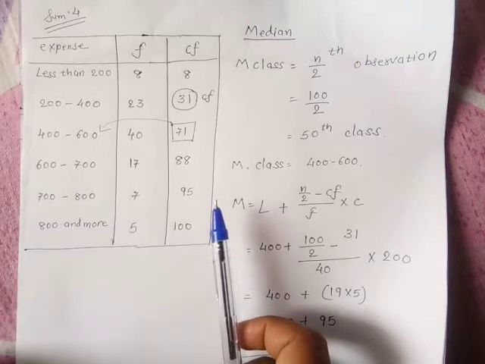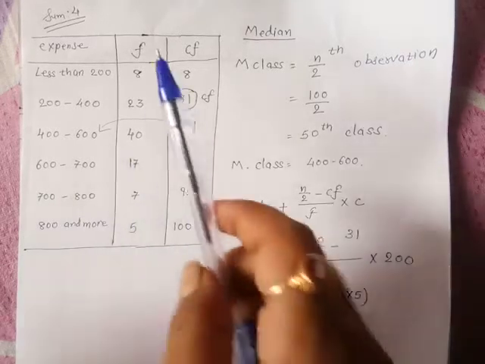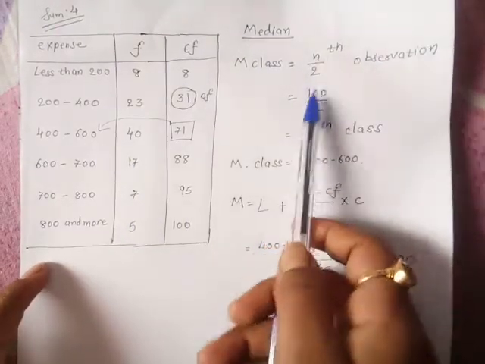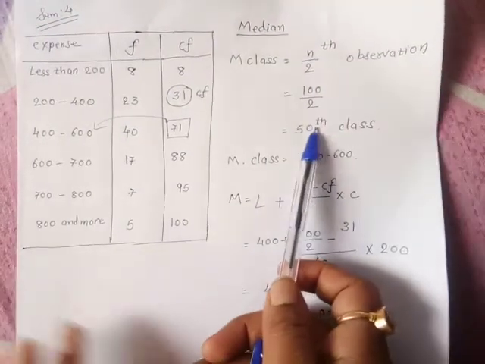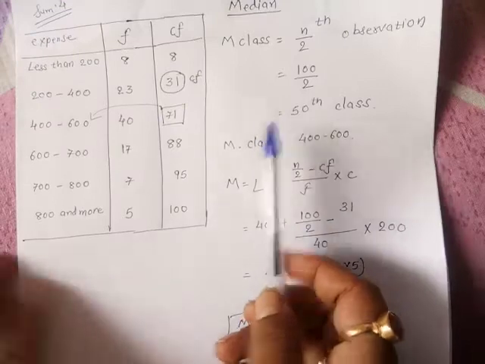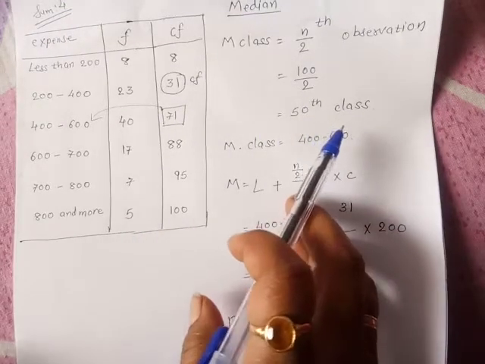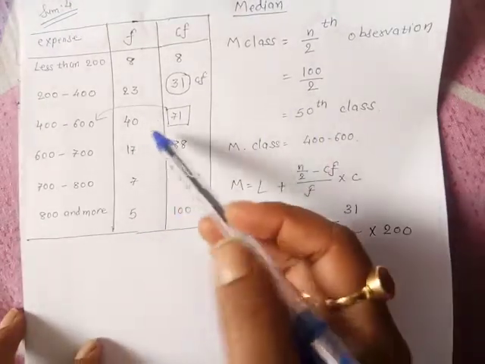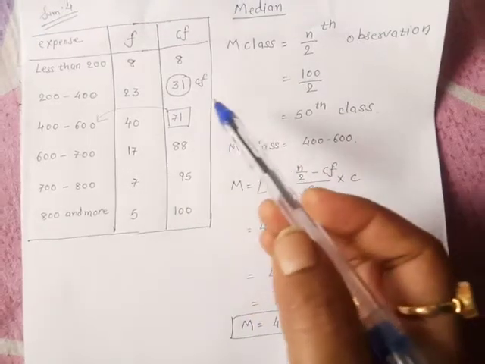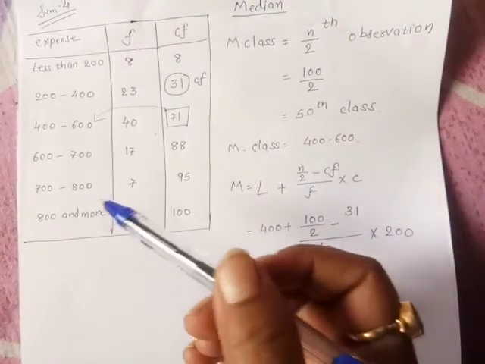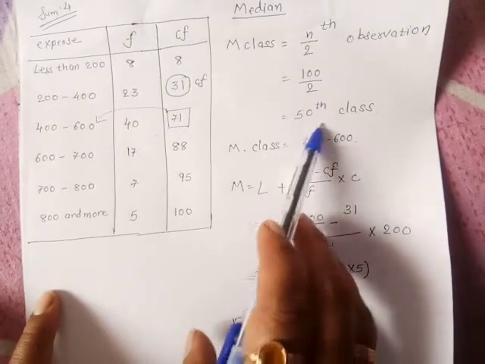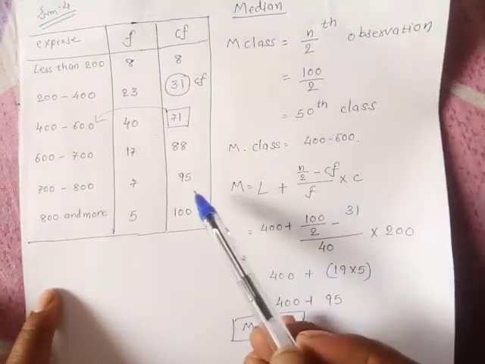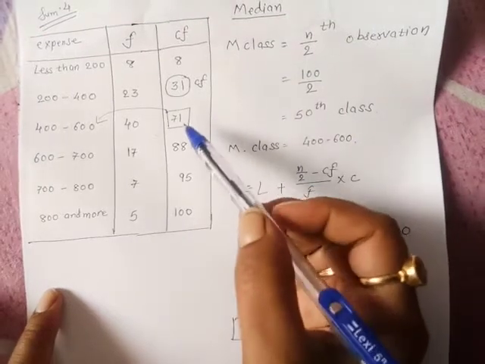So we see this 50 in the CF. Where does it fall? In the 71, because up to 31 is included, and next to 31 all the numbers are included in 71. So 50 also falls in this 71, right? So the 71 CF's class is our median class.